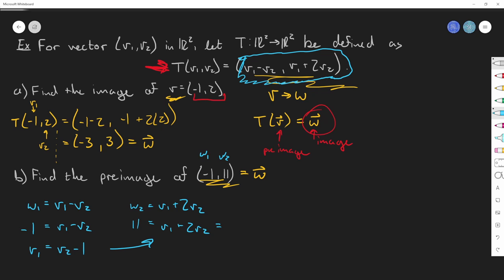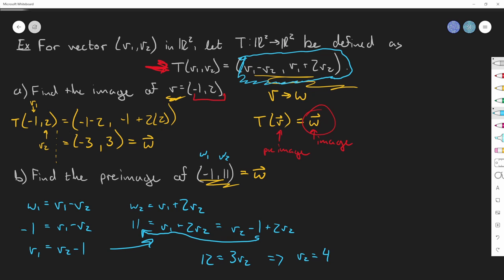So this is equal to v2 minus 1 plus 2v2, and we're going to move the 1 over by adding 1 to both sides to the 11. So we have 12 is equal to v2 plus 2v2, which is 3v2, so v2 is equal to 4.